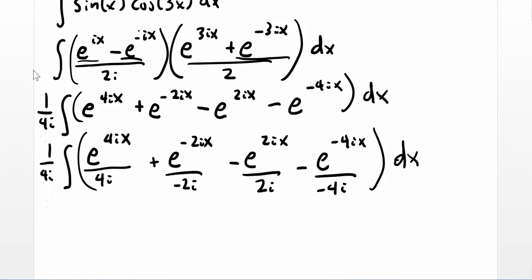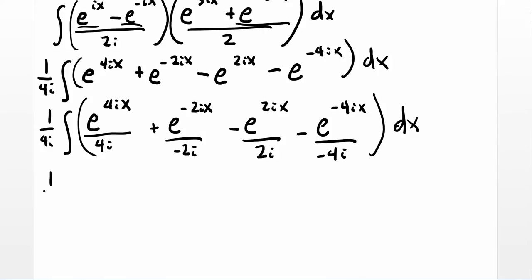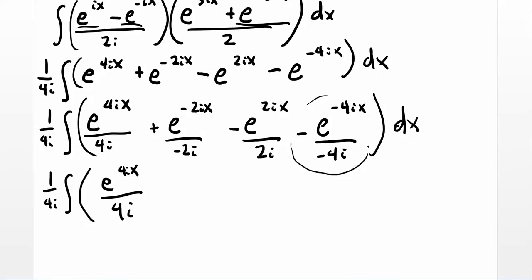What we're going to do here is just rearrange the terms so they're a little easier to work with. We're going to put the terms that have similar exponents together. So we're going to write e to the 4ix over 4i. And we're going to move this term right next to it. Notice that there's a negative negative, so this becomes plus e to the negative 4ix over 4i.